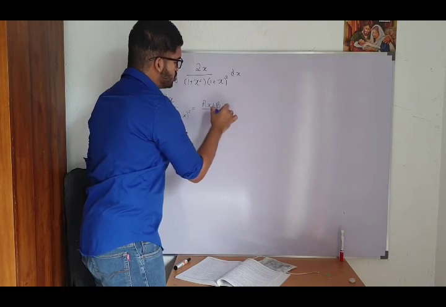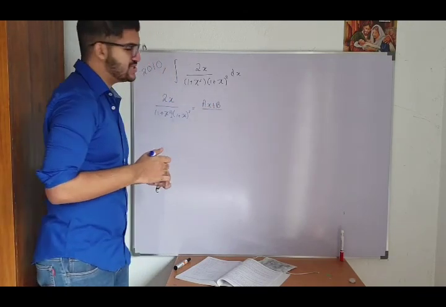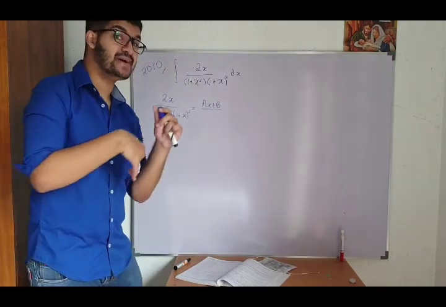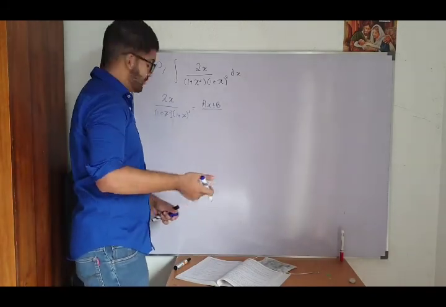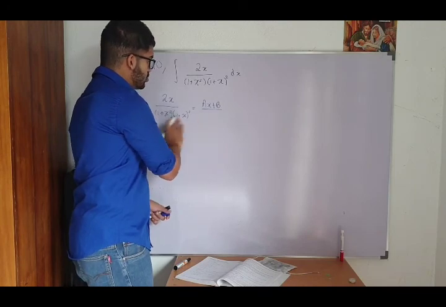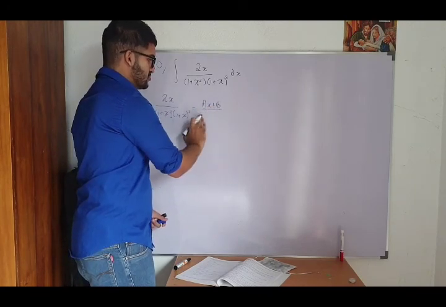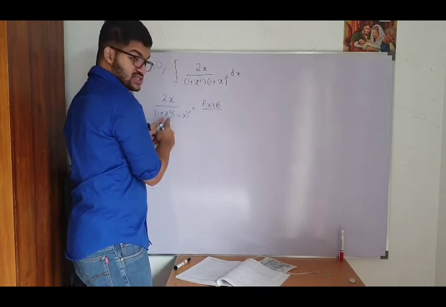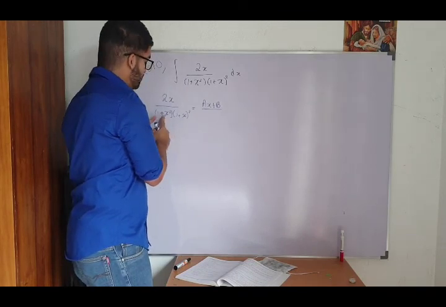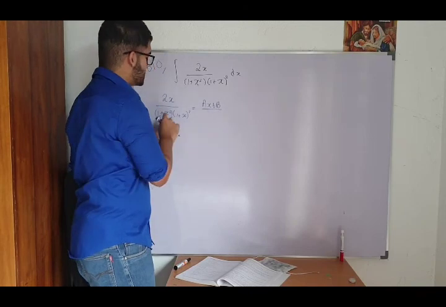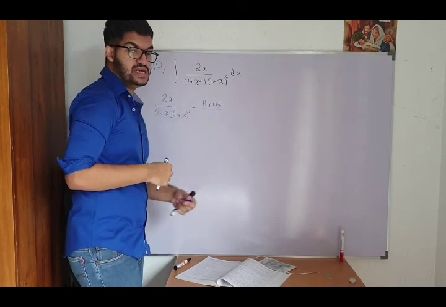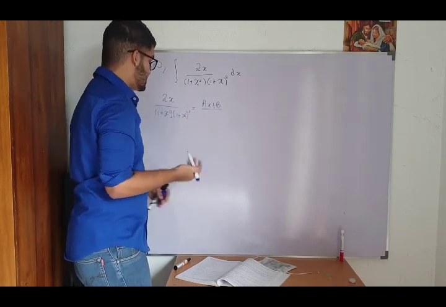I'm most probably sure that most of the students must have revised partial fractions, because you need the partial fractions knowledge in order to do this question as well. But basically what we do here is solve this in partial fractions. If you have x squared here with a positive sign, then you should put ax plus b, because this cannot be factorised further, right?